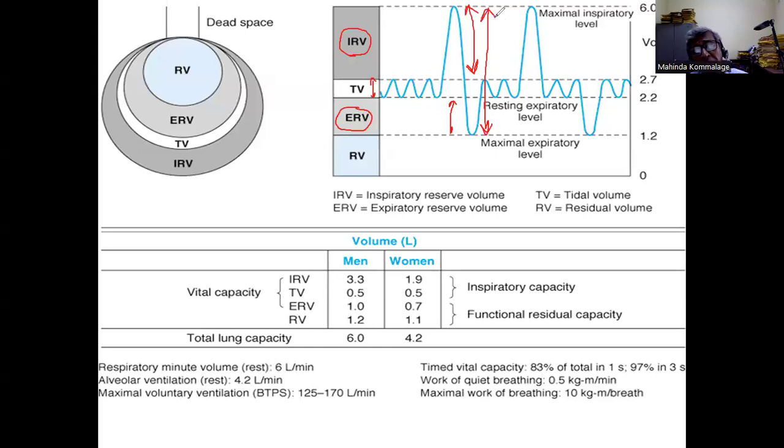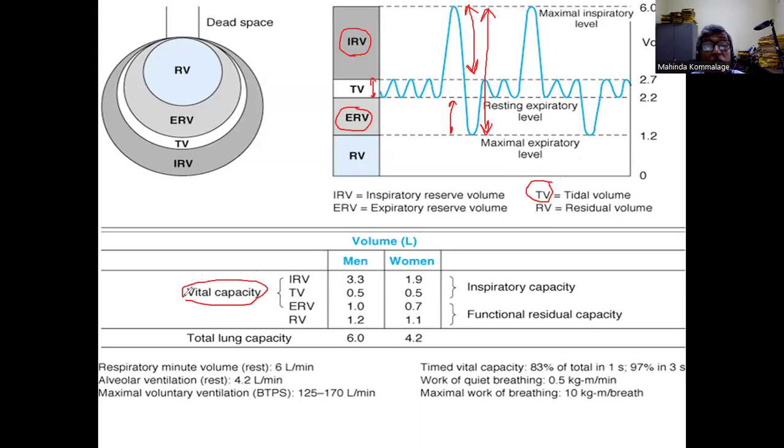We can take a deep inspiration and then put it back, that means expire with deep effort. So basically this whole volume we can take in and send out. That we call, sorry, that we call vital capacity.